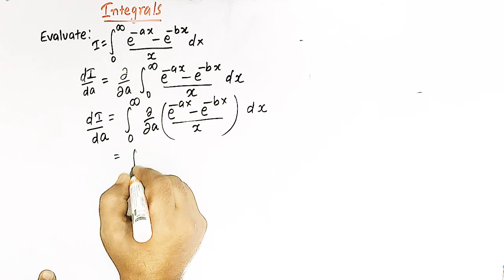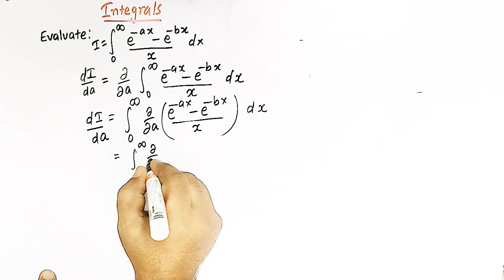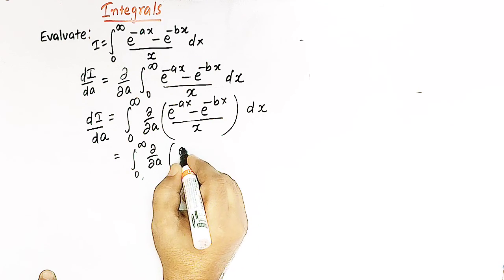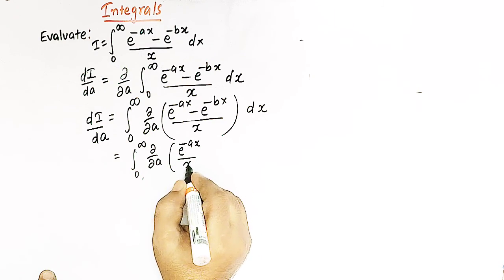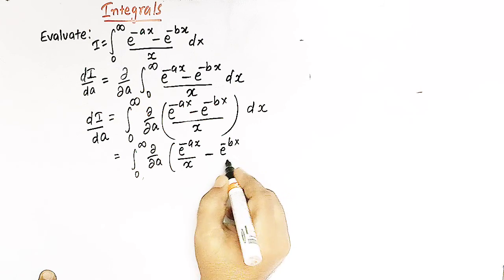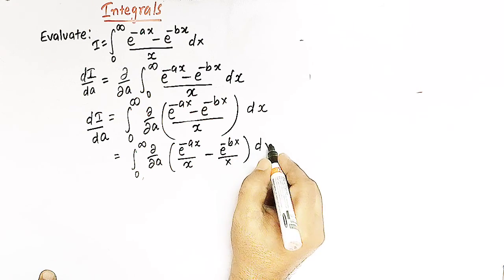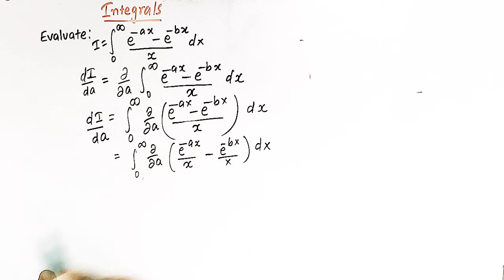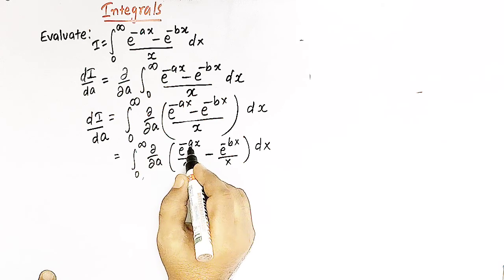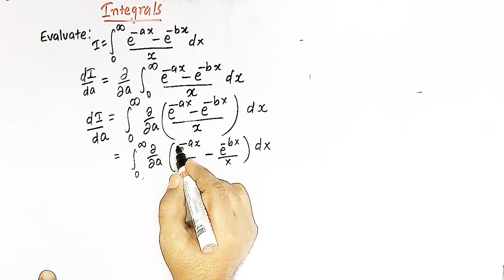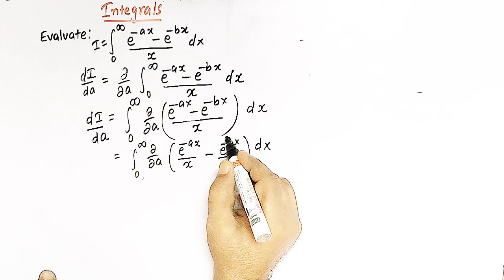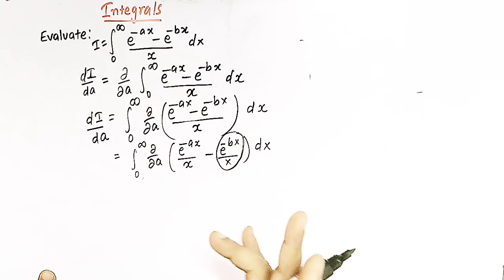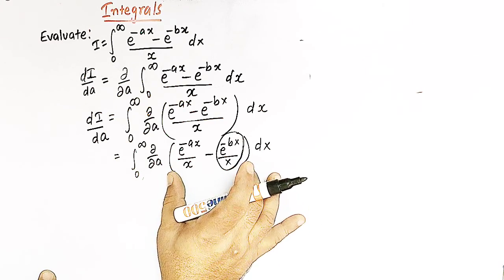So now let us write the integral from 0 to infinity of del over del a, and let us write our integrand like this: e raised to minus ax over x minus e raised to minus bx over x, dx, distributing this x over this term and this term. Now we can see that this expression is a function of a, and here we do not have a, so this term may be considered as a constant, because we have to take the partial derivative of this term.